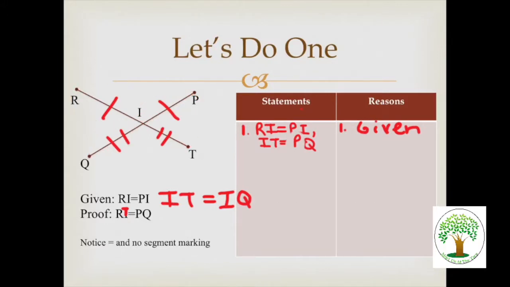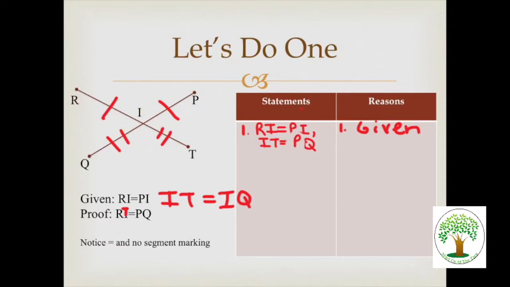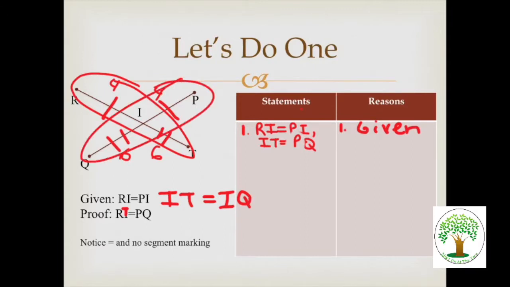I hope it seems logical that if we added these together and we added those together, the wholes should be equal to each other. I'm going to say that again. If this piece was 4 and that piece was 4, and this piece was 6 and that piece was 6, if I added those two together, that should be 10. And I add that together and it should be 10. So the wholes should be equal to each other, correct?